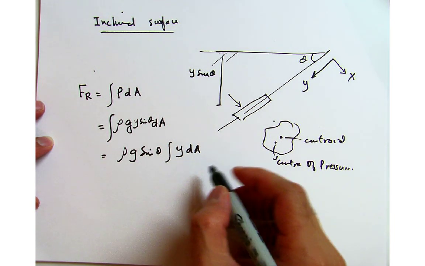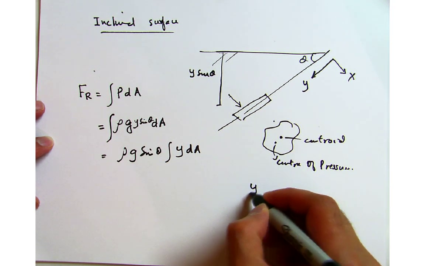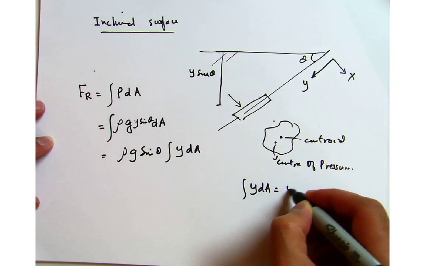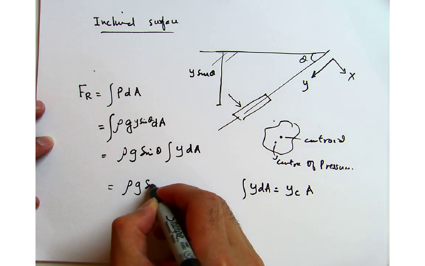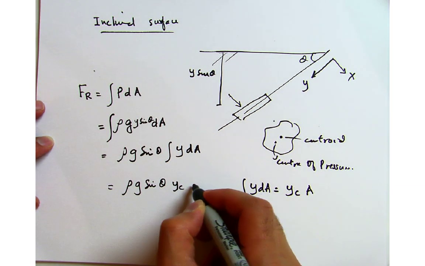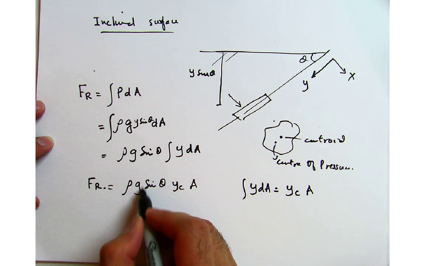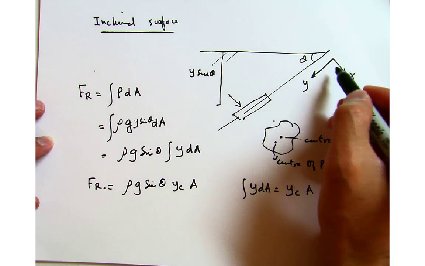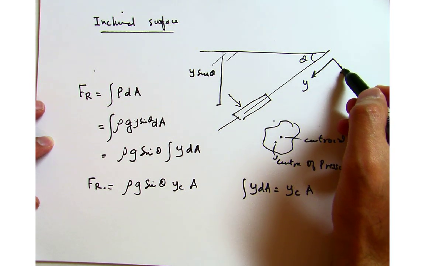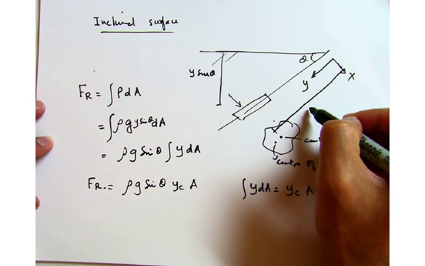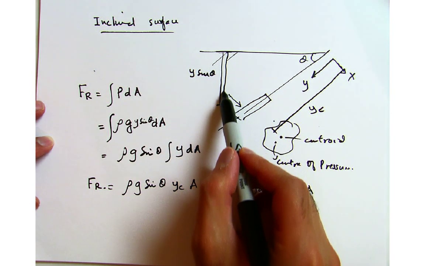So once I have y dA, as I mentioned to you earlier, this is the first area moment. So the integral of y dA is equal to y_C A. So I can write this as rho g sine theta y_C A, which is F_R, and I can call this quantity y_C sine theta. Again, y_C is that distance up to the centroid, and then y_C sine theta is basically this vertical distance.